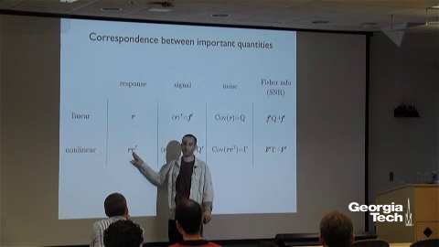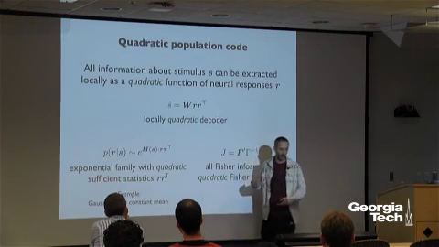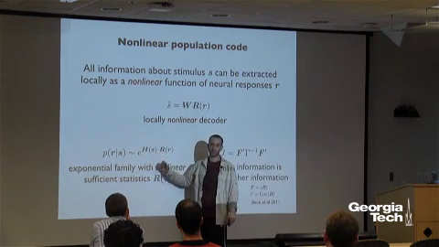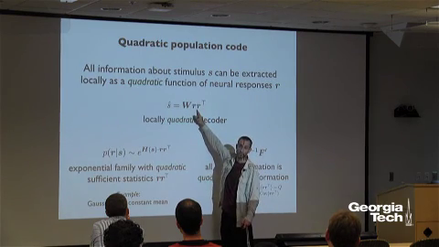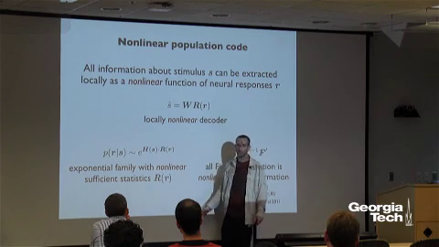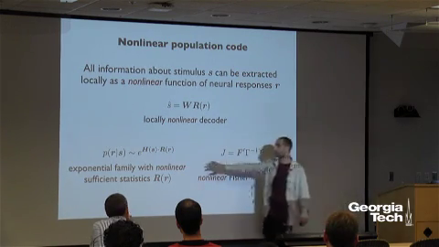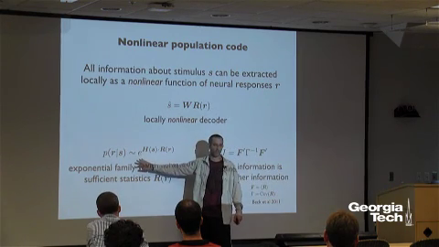Just replace this by big R, any function you like. If it's in the exponential family with nonlinear sufficient statistics, this is what you would get. And then you read out big R. In the quadratic case, you read out big R equal to R transpose. So this is the more general case. Now, there's no guarantee. In fact, I'm sure that we're not in the exponential family with nonlinear sufficient statistics.